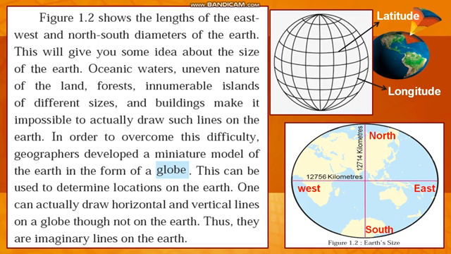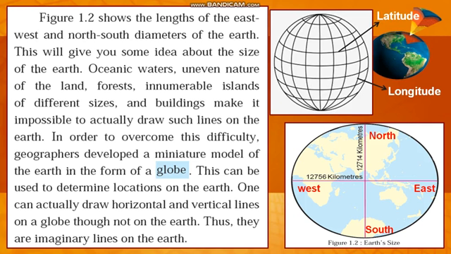So students, as we have learned, when we observe the globe, that is a miniature model of the earth, there are some vertical and horizontal lines. The vertical lines are called longitudes and horizontal lines are called latitudes.